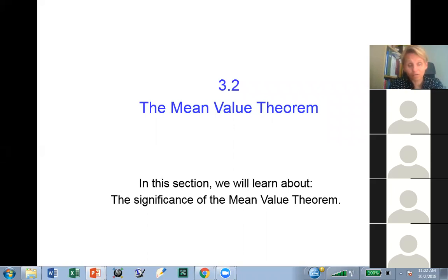That means from section 3.3 we will learn how to distinguish the difference, looking at the critical points, if they are maximum values or minimum values for the function. Okay? That means we will learn algebraically, looking at the formulas, how we can find out if at this point we have a maximum or minimum value. And that means this will be much, much easier.